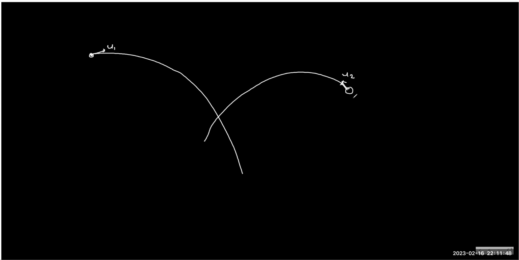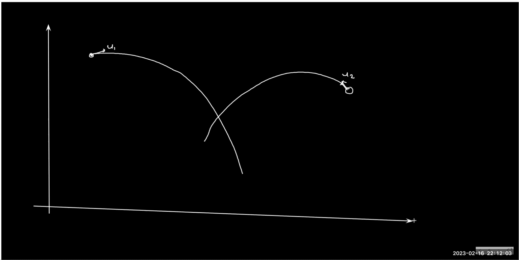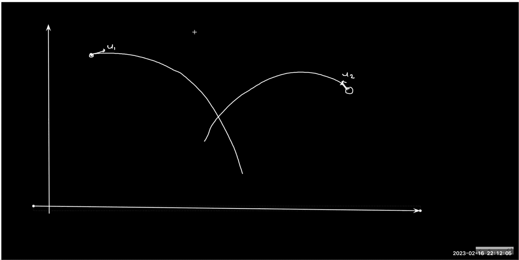But when you throw simultaneously two projectiles, and if you make one of them as an observer, what will happen? The gravitational effect will vanish. Yeah, in its reference frame, it's just uniform motion.